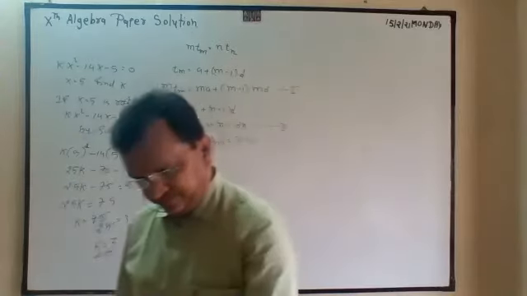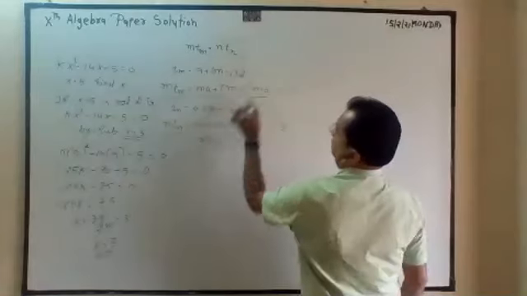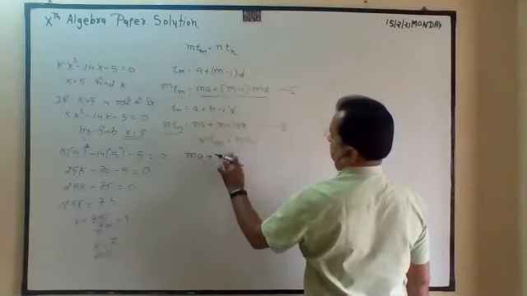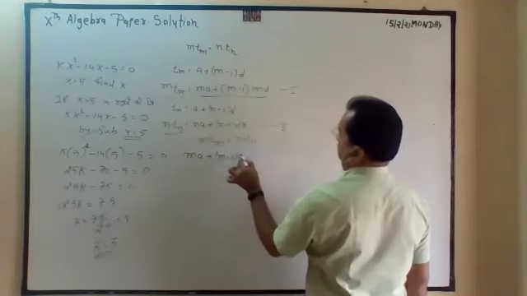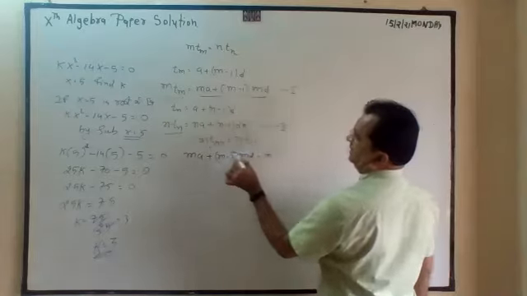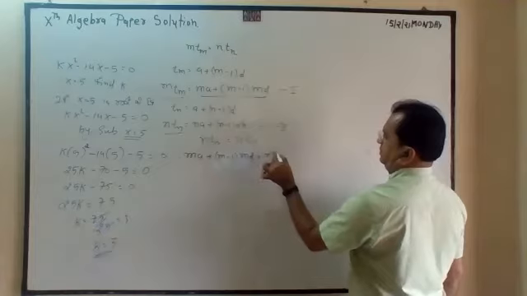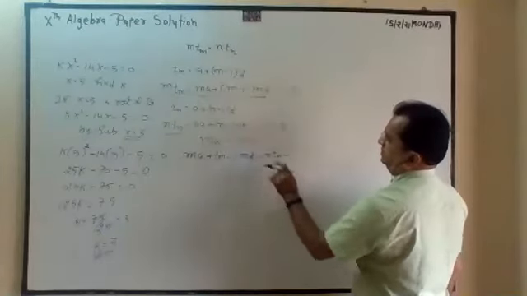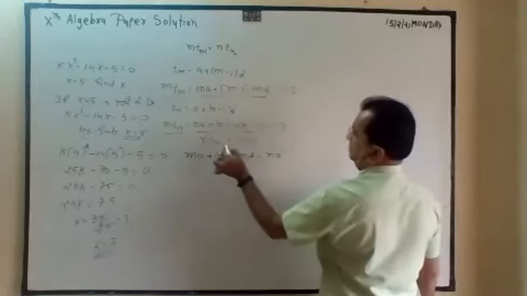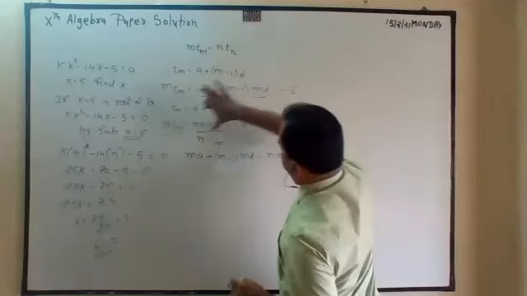Therefore, m(a plus (m minus 1)d) is equal to n times Tn, sorry, n(a plus (n minus 1)d).